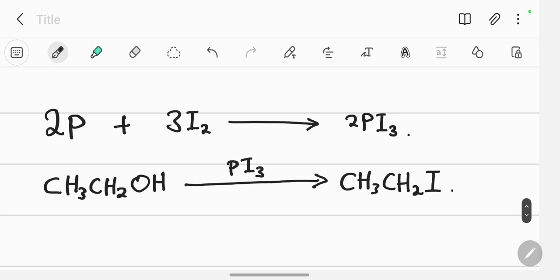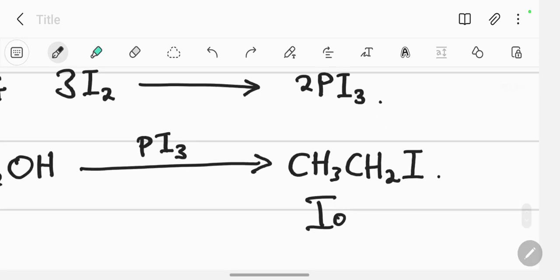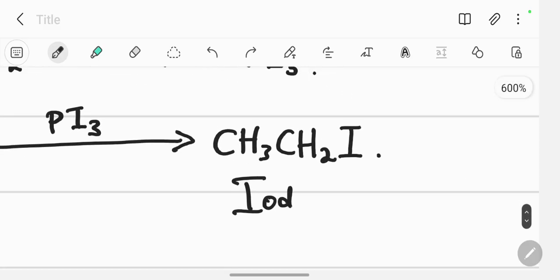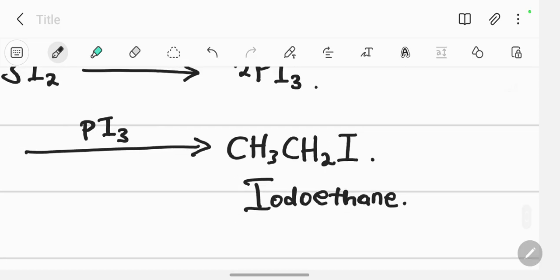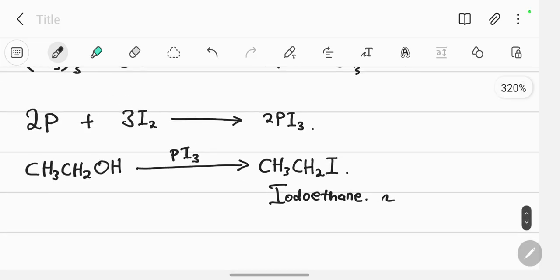So you can call this iodoethane, or ethyl iodide, but this one is better.